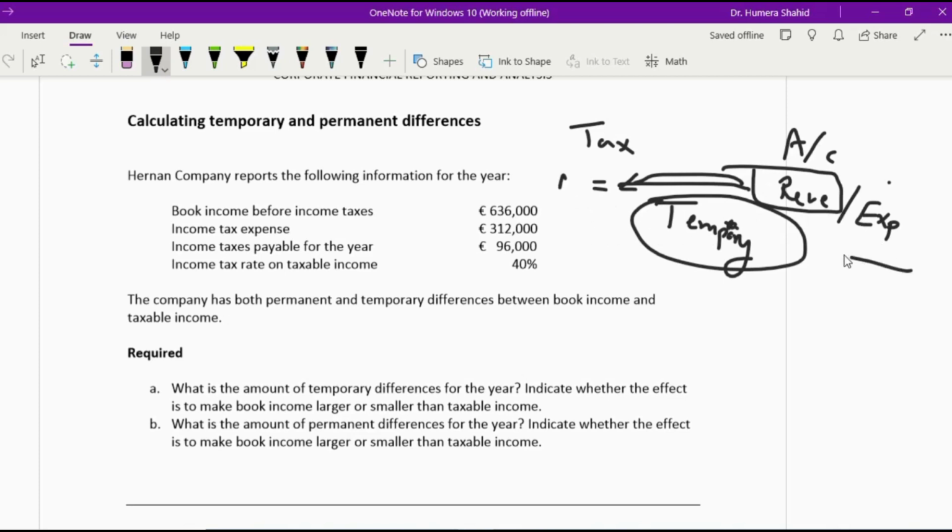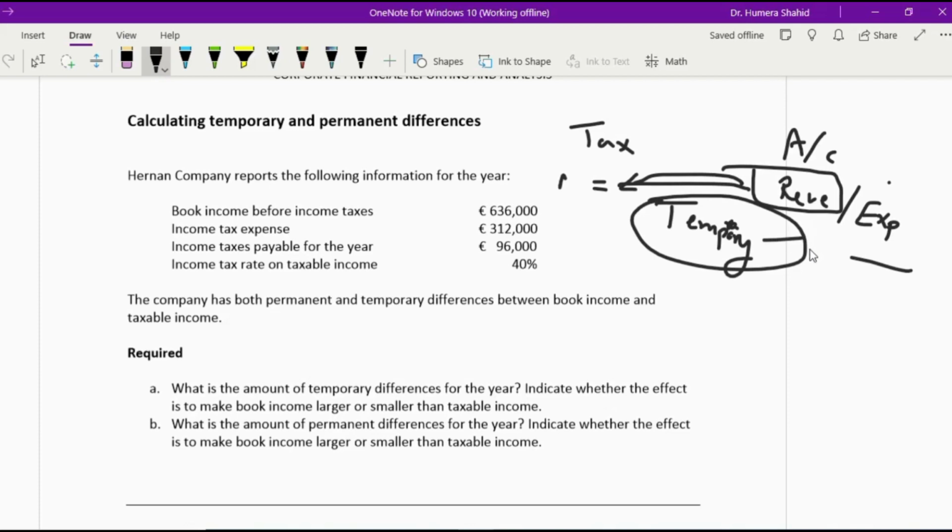Same is the case with the expenses, those expenses which affect the accounting books in one accounting period and in another year they affect the tax books. Those give rise to the deferred tax assets or deferred tax liabilities, known as temporary differences.